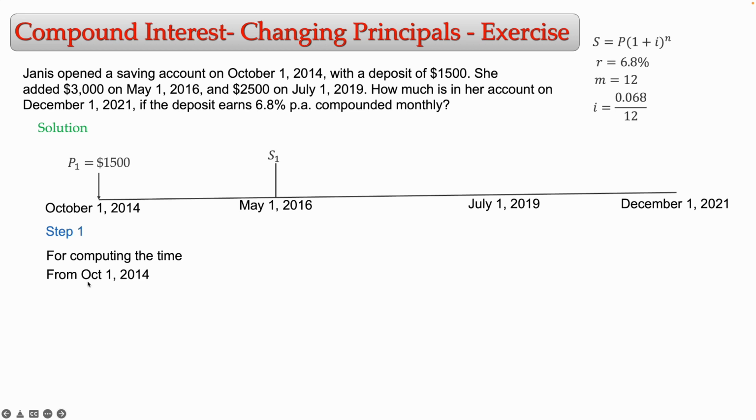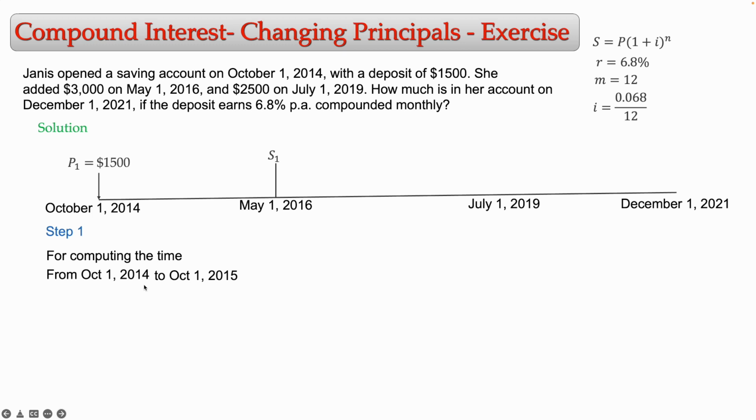For computing the time, what we're going to do is compute the time between October 1st, 2014 and the October 1st previous to this May 1st. Previous to May 1st, 2016 will be the October of the previous year, so it will be October 1st, 2015. So I'm going to compute the time between October 1st, 2014 and October 1st, 2015, and later I'm going to count how many months between October 1st and May 1st of the next year.